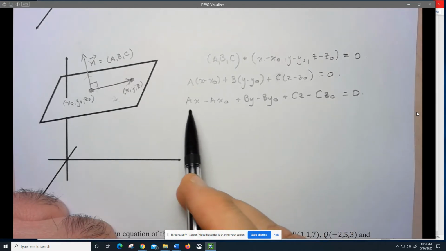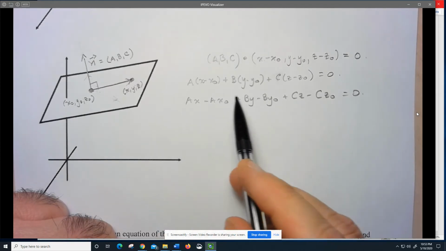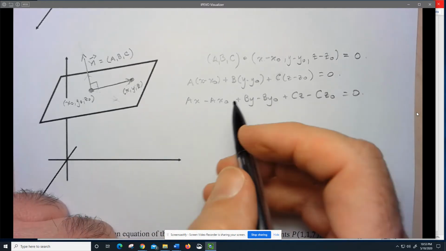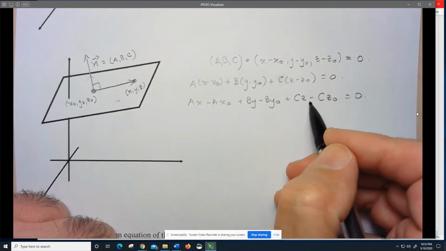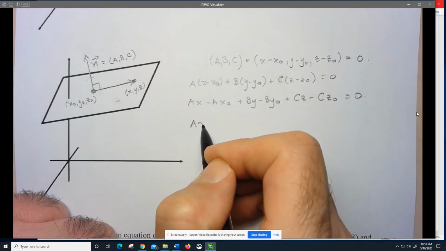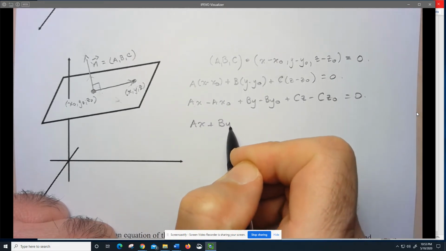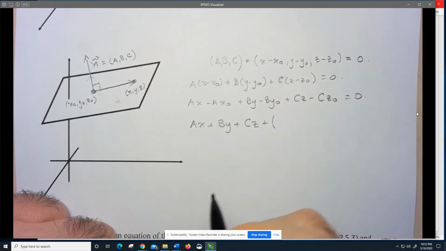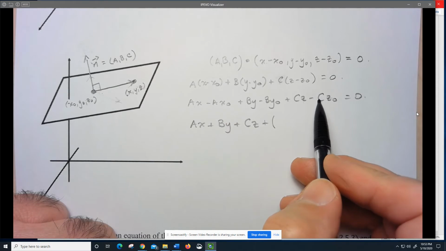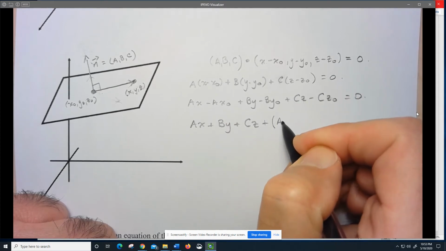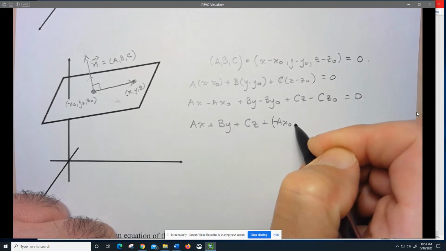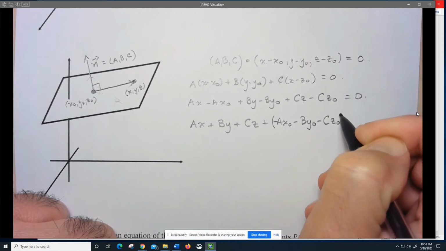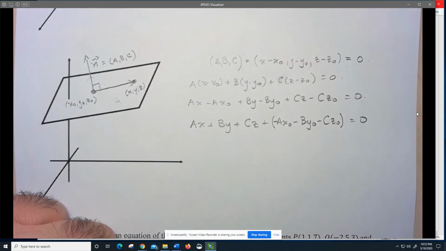I'm going to group together, I'm just going to use my commutativity of addition here to just kind of rewrite this in a different way. So I'm going to bring these three terms together, ax plus by plus cz plus, and I'll just put them in brackets, the sum of these three terms, negative ax naught minus by naught minus cz naught equal to 0.